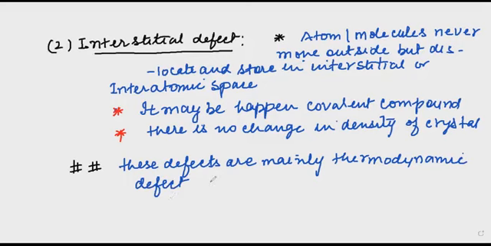This is thermodynamic defect produced by heating. ये किससे होते हैं पैदा? ज़्यादा हीट मिलने की वजह से ये प्रोड्यूस होते हैं, एक्स्ट्रा हीटिंग की वजह से. क्लियर? Now these are the two defects, and after that we are coming to the next one.